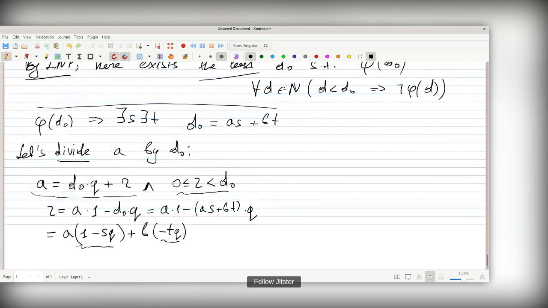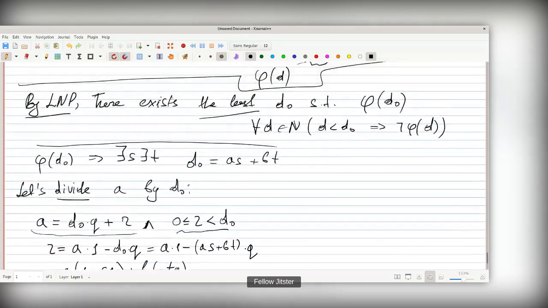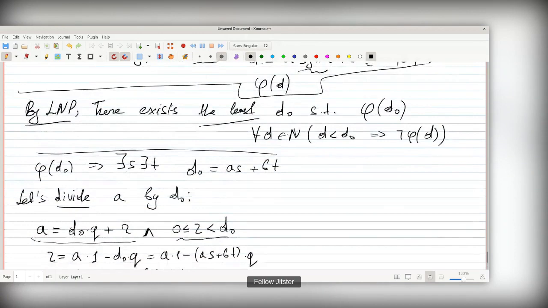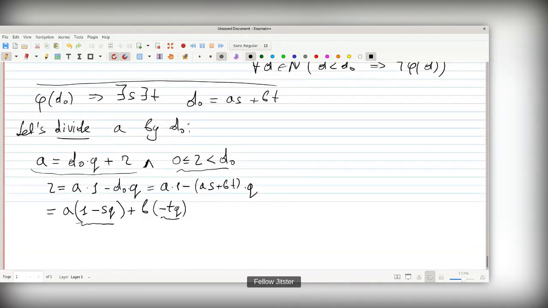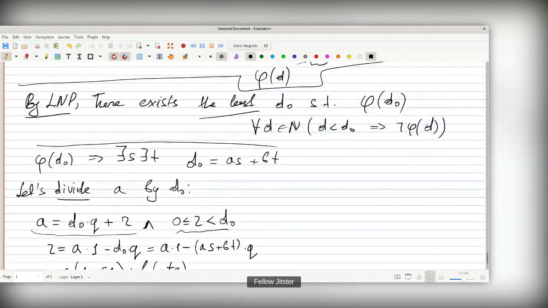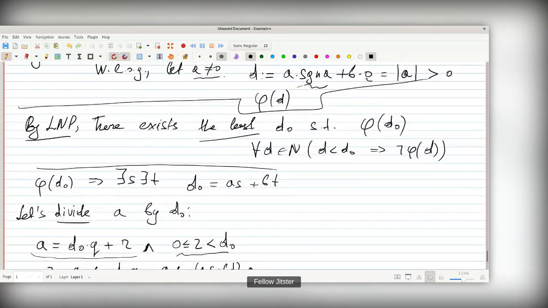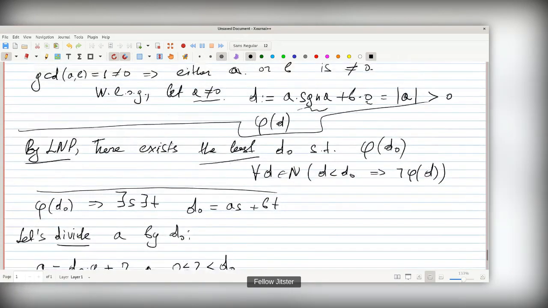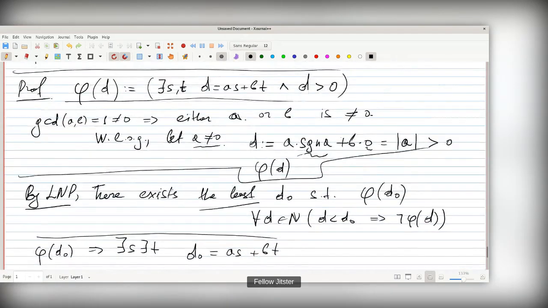But is it positive? R is less than D0. D0 was the least linear combination of A and B. It was the least linear combination of A and B which was positive.